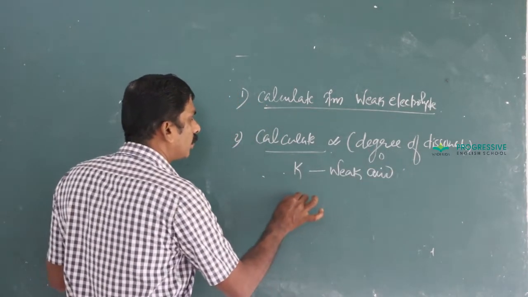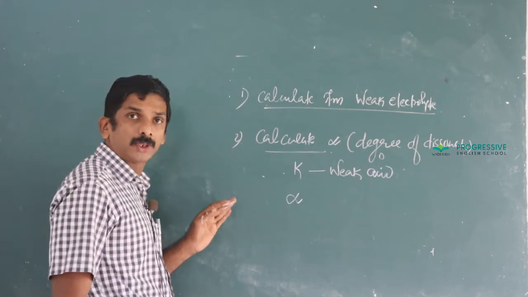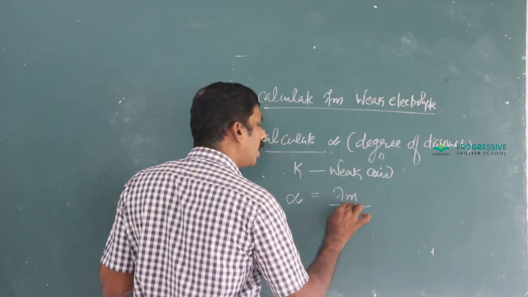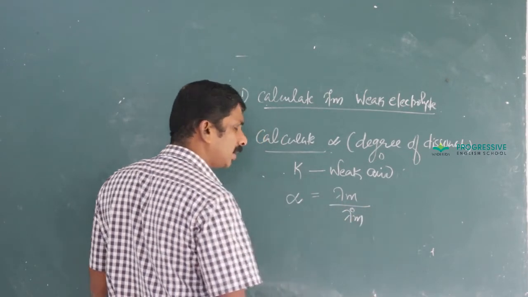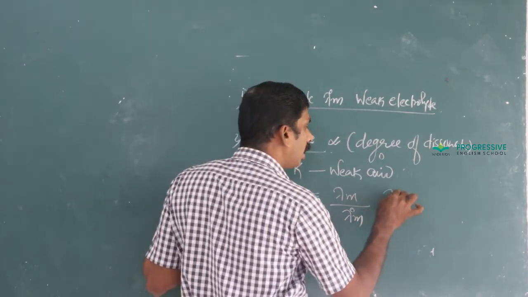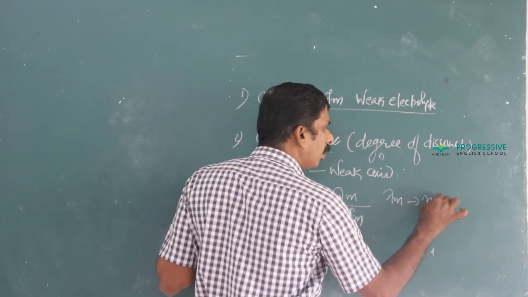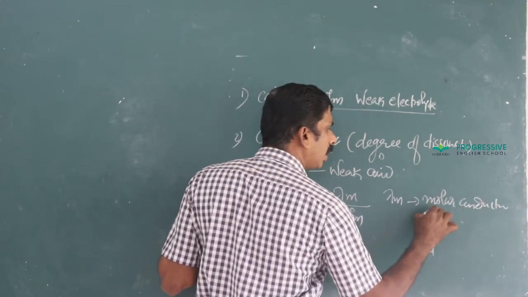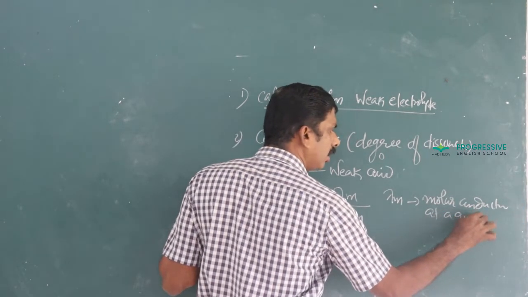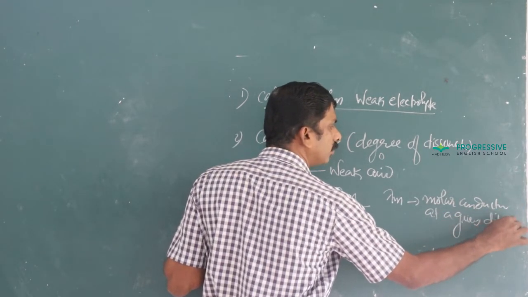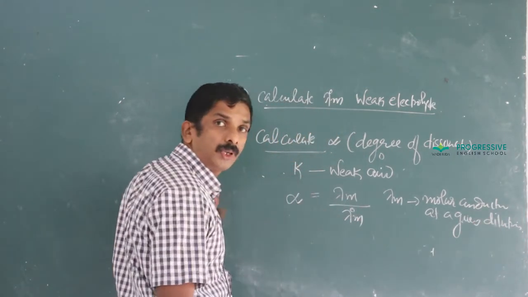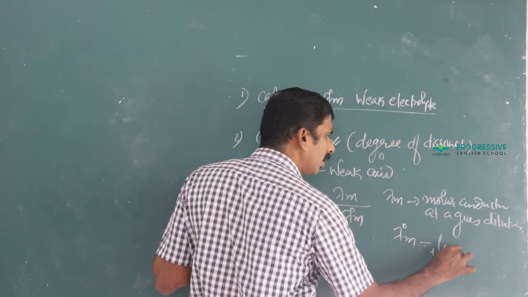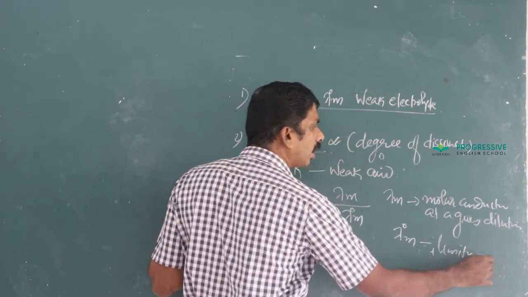First of all you calculate the expression for alpha equal to lambda m divided by lambda 0m, where lambda m is the molar conductivity at a given dilution, and lambda 0m is the limiting molar conductivity.